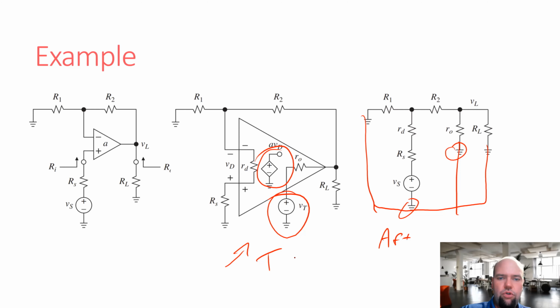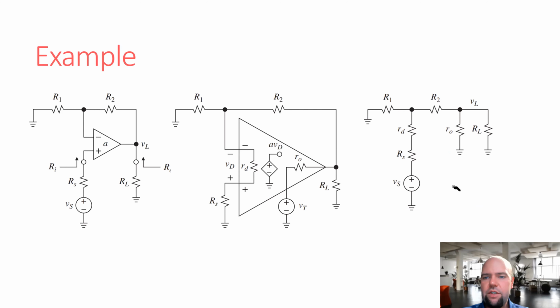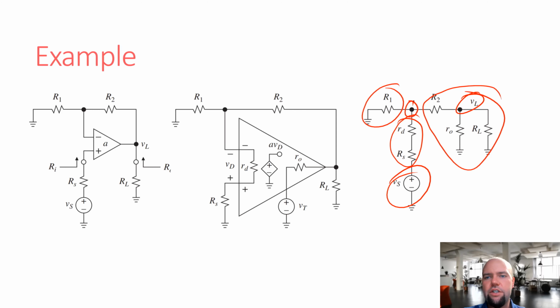Okay, so what if we actually wanted to calculate this? What would we actually do? If we're trying to find VL as a fraction of VS, we have a series connection of resistors here, and then two parallel connections. Finding an intermediate expression for the ratio of this node to VS is going to be given by the right side of the voltage divider equation.